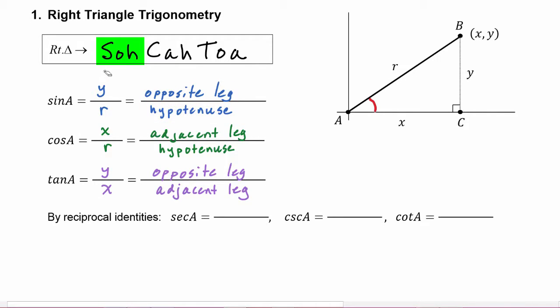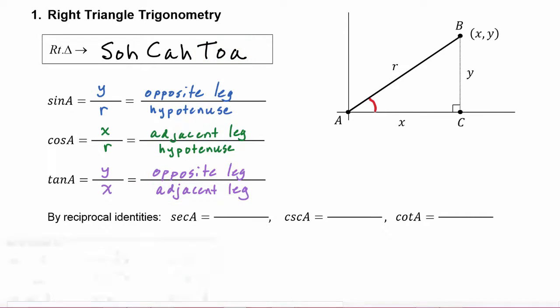So when you read this acronym, you say sine is opposite over hypotenuse. You can see this part, the CAH, is for cosine, is adjacent leg over hypotenuse. And the TOA stands for tangent, is opposite over adjacent.